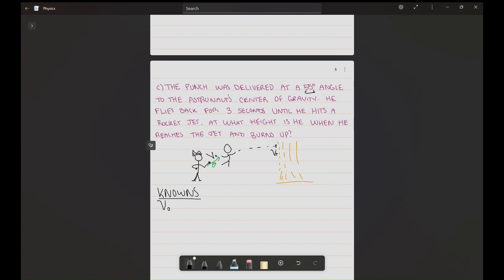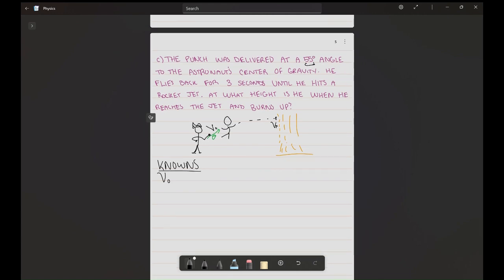But we don't really need that in this problem. We had our velocity at this second, which was 8 meters per second. We have our theta, which we're going to use with our velocity in a minute. That was 55 degrees to the center of gravity. We have our t, which is time, 3 seconds.